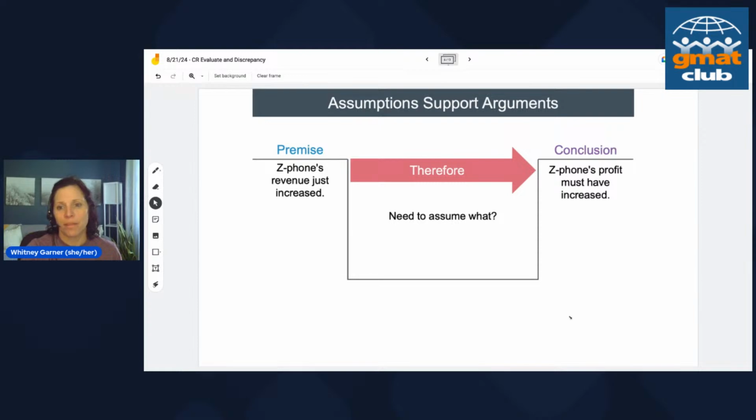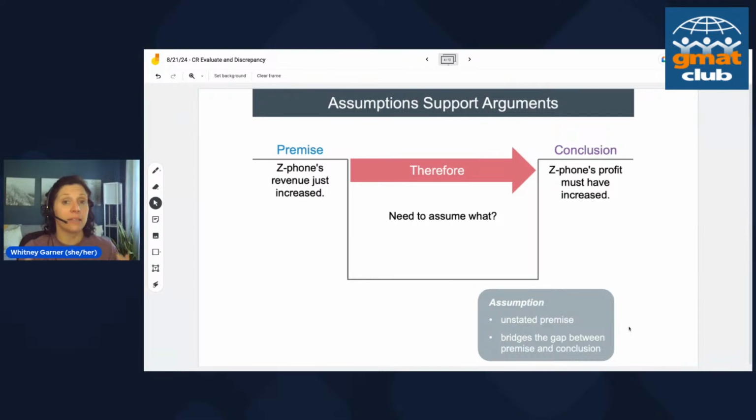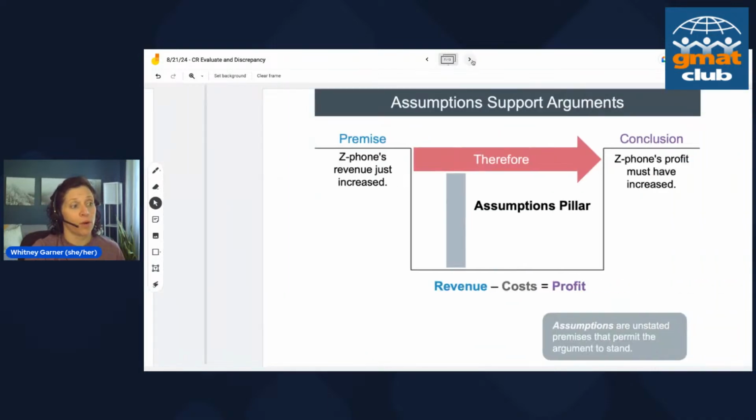Whatever you would call the pieces that go up, these pillars, if you will. And so the question starts to become, what do I need to assume? And again, an assumption is something that's unstated, and it's something that's going to bridge the gap between our premise and conclusion. So if we think of an assumption as a pillar, if you will, that props up our bridge.